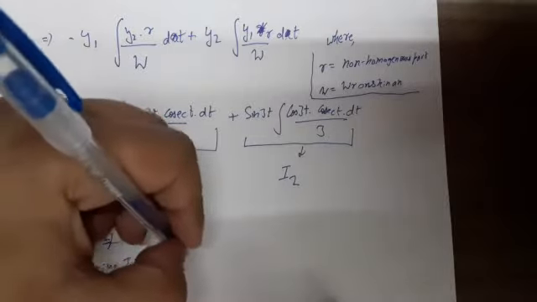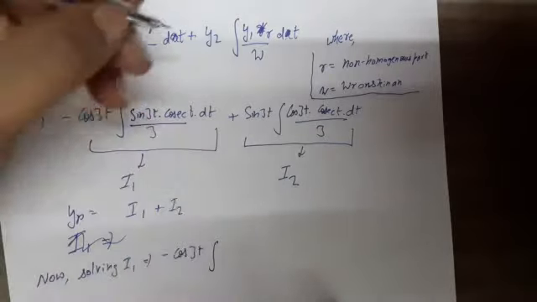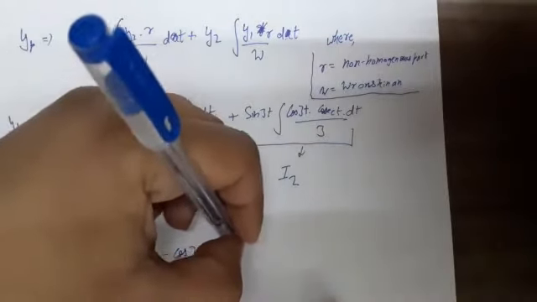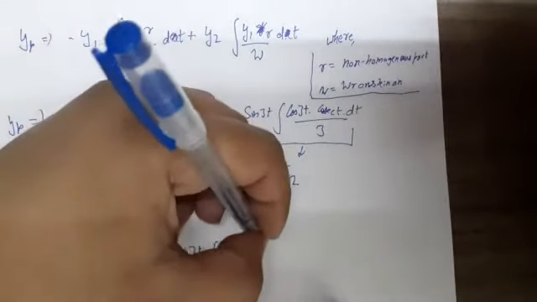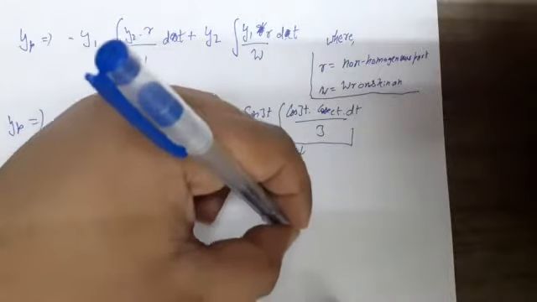So we get minus cos 3t upon 3 integral of sin 3t dot cosec t dt.